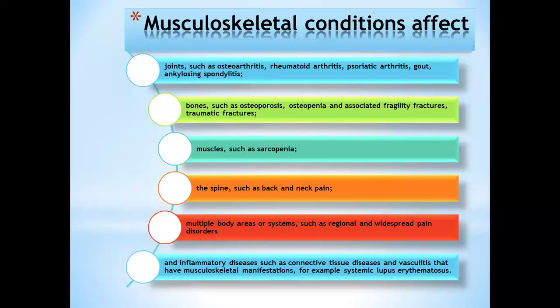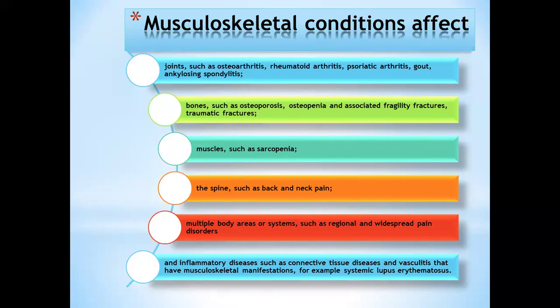Musculoskeletal conditions affect joints, such as osteoarthritis, rheumatoid arthritis, psoriatic arthritis, gout, ankylosing spondylitis. Affection of bones, such as osteoporosis, osteopenia, associated fragility fractures, traumatic fractures. Affection of muscles, such as sarcopenia.